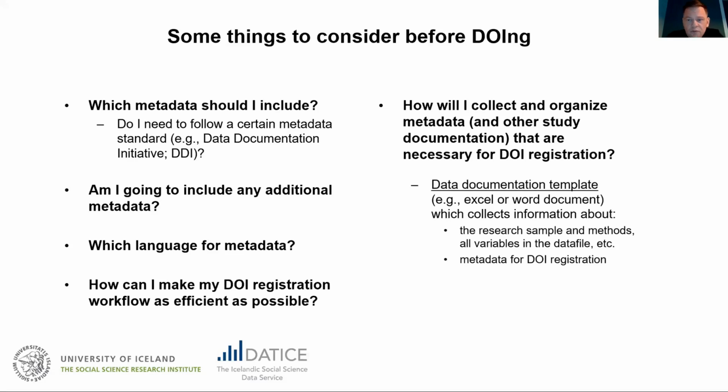We decided to have two templates. The data documentation template is an Excel or Word document which collects information about a study. So it's all the basic information you need for a DOI registration, but also all the information for the accompanying documentation.